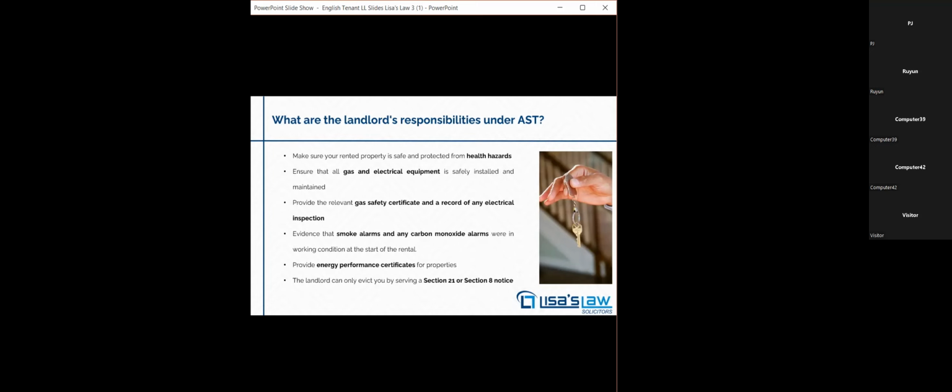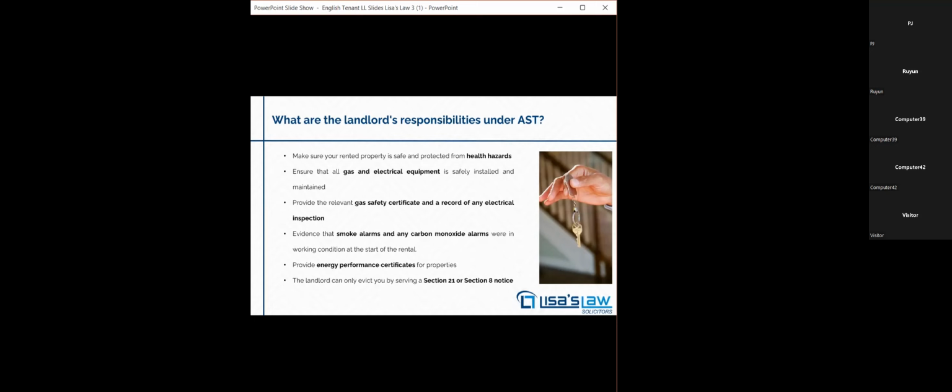Furthermore, for the record of inspection, the paperwork has to be done and given to the tenants beforehand. Smoke alarms and carbon monoxide alarms are very important. Without that, they're not allowed to rent.